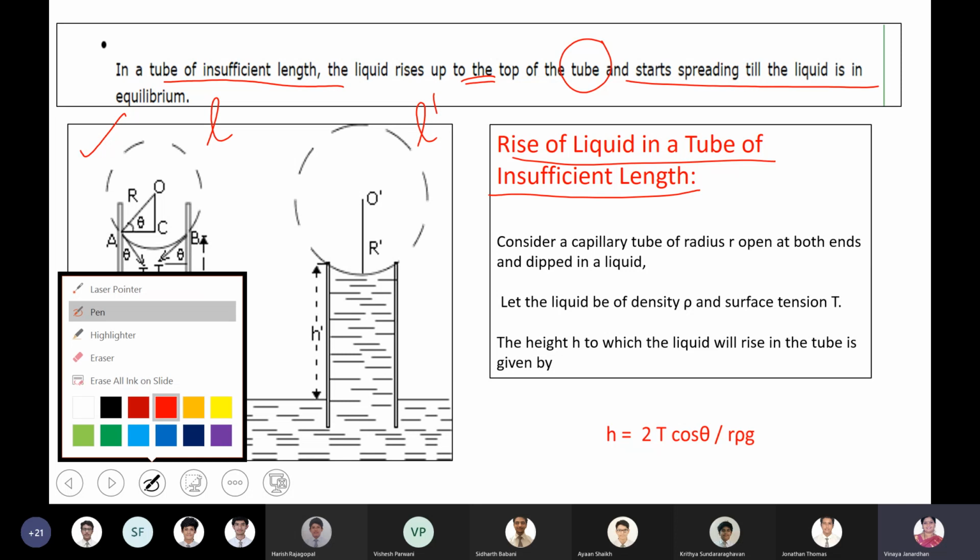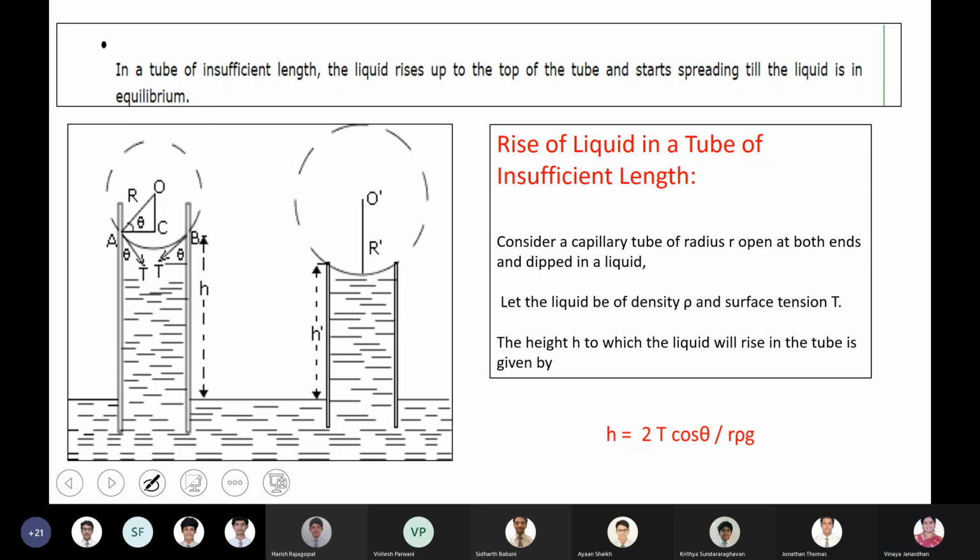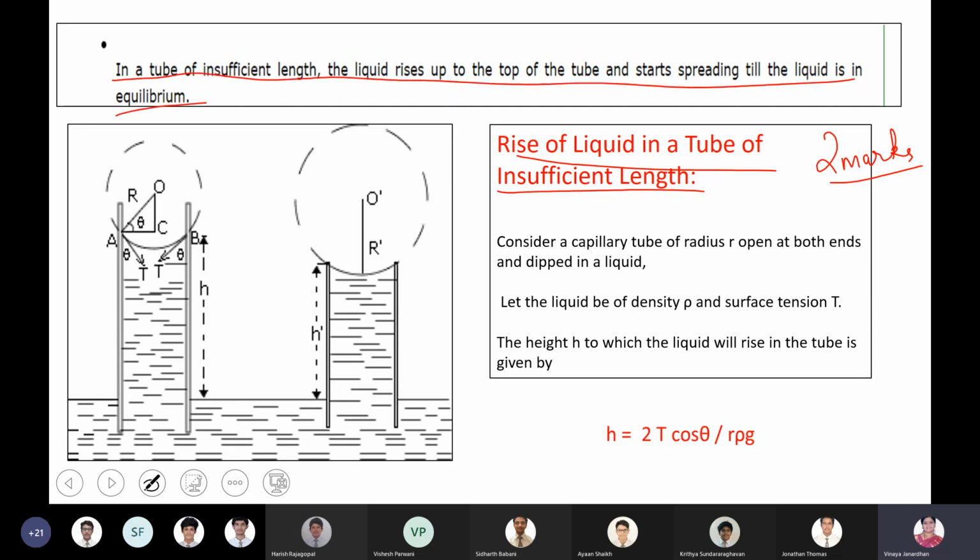Now we'll see how this is going to happen, right, boys? The heading is rise of a liquid in a tube of insufficient length. Of this 5-mark question, 2 marks might be allocated for this. Then you can start writing: what is going to happen when a tube of insufficient length is dipped in the same liquid?